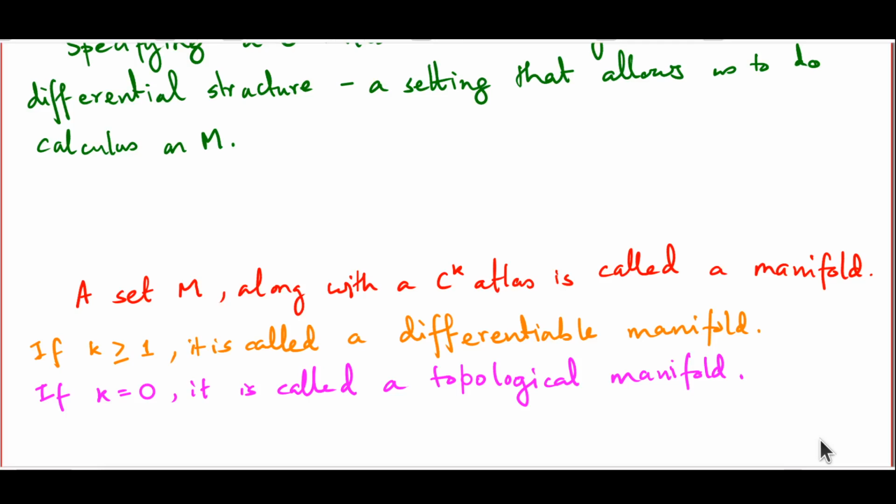If k is 1 or more, the structure you have, the set M along with a C^k atlas, would be called a differentiable manifold. And as I've said, usually we will be dealing with a special case of differentiable manifolds, smooth manifolds. In fact, when we say differentiable manifolds in the future, we would usually just mean smooth manifolds, C infinity manifolds.